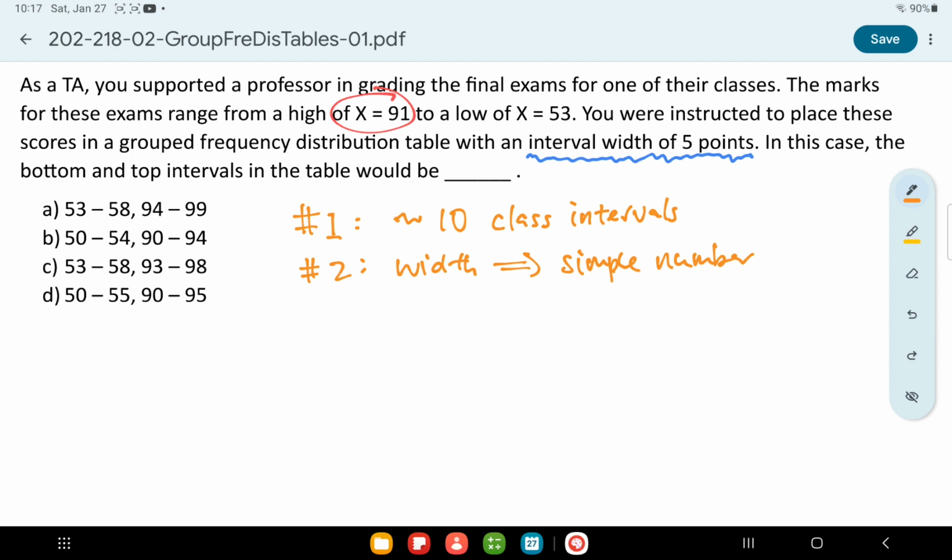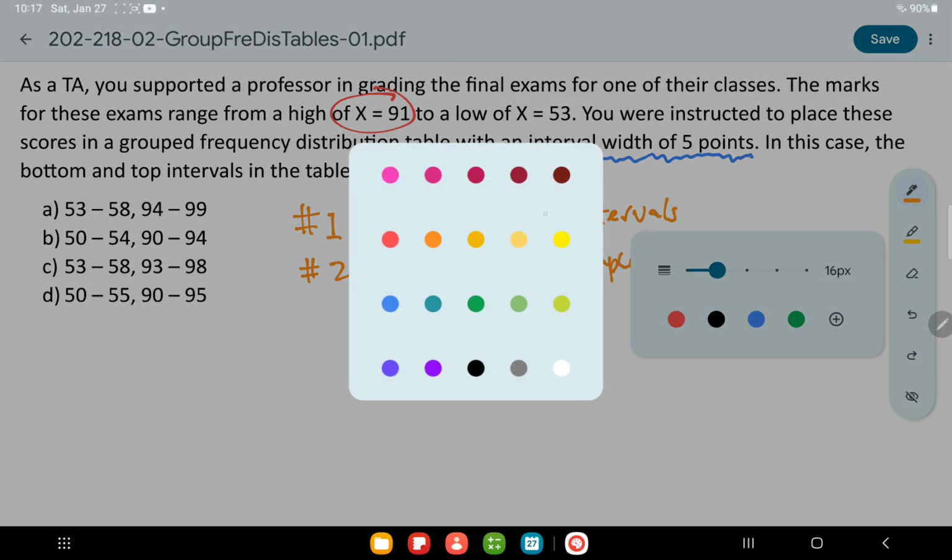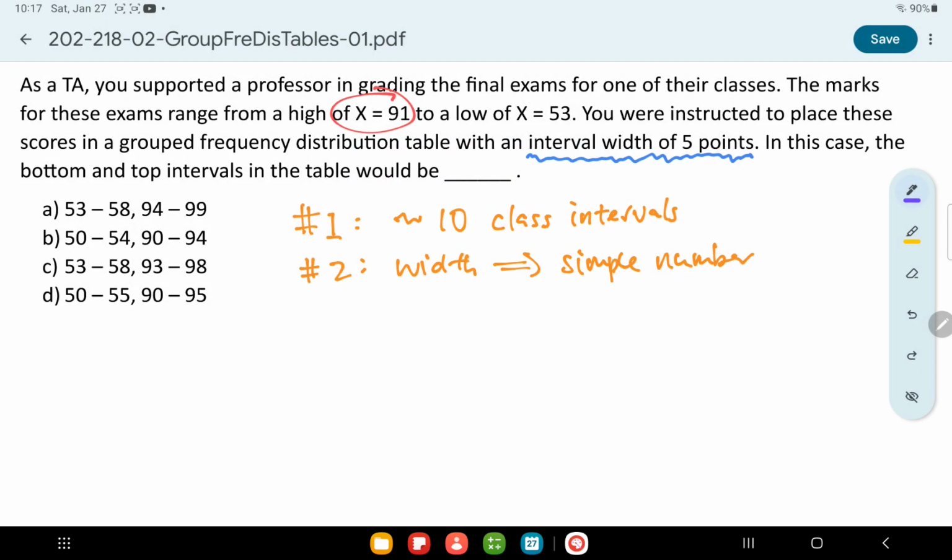The most typical simple numbers that statisticians consider in the beginning stages include the number 2, the number 5, or even the number 10. Now the question tells us to use the interval width of 5 points. So this is what we're going to do, 5 points.